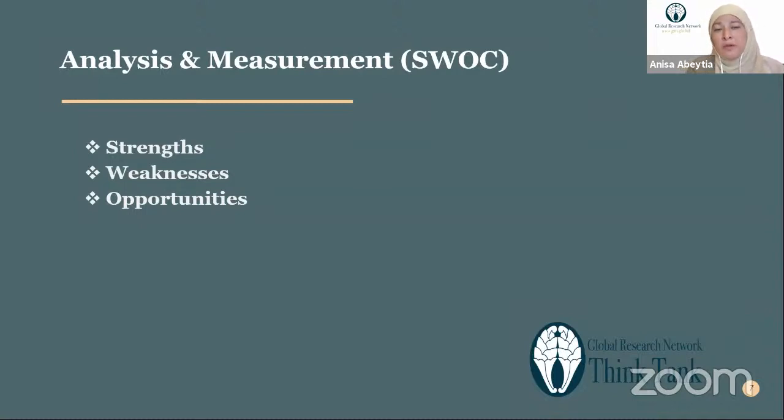So where are the opportunities in your work, and what are the challenges? The challenges are different from weaknesses. Weaknesses, as I mentioned, would be something like, we don't have the budget for it. So these are four things to keep in mind, and we will discuss them more in depth in the third workshop.